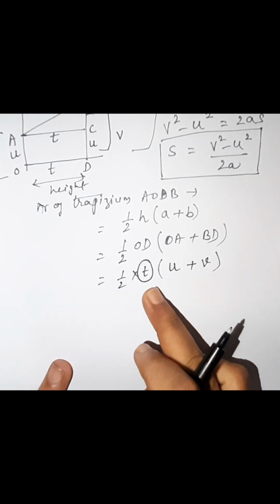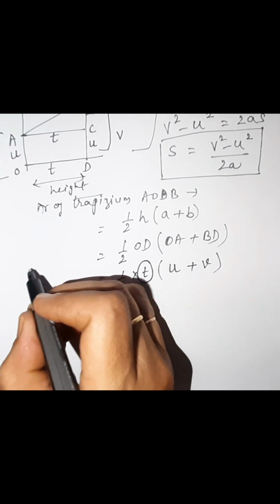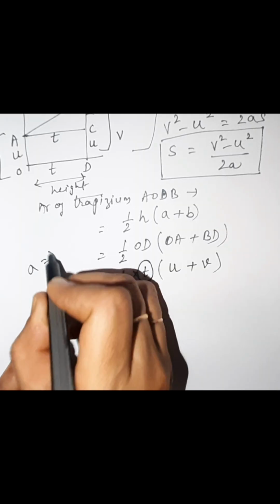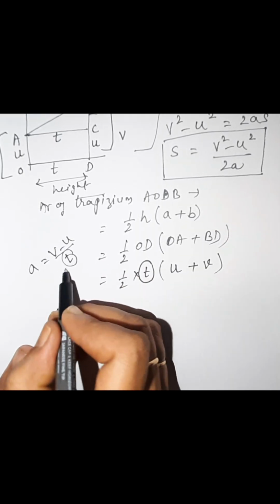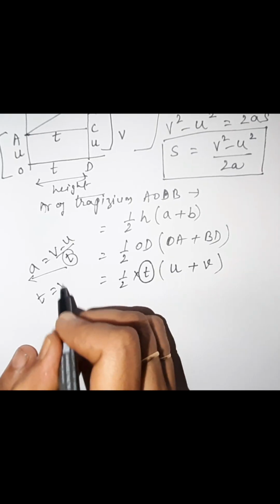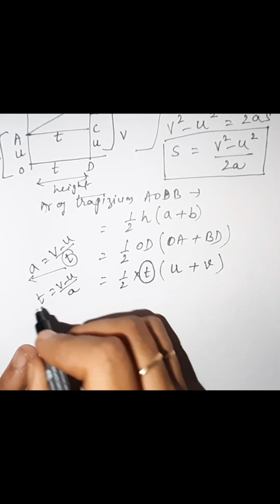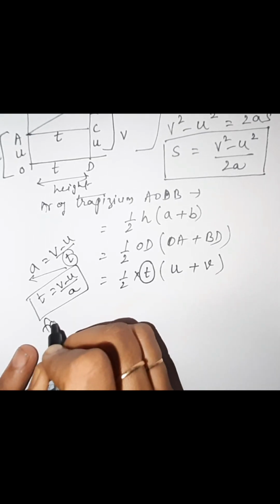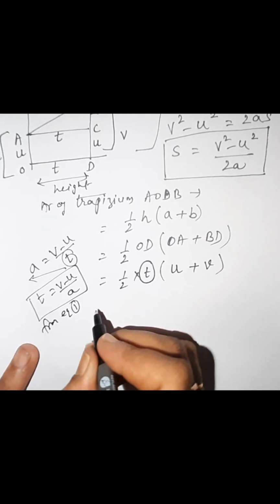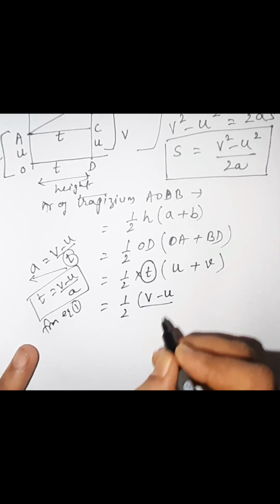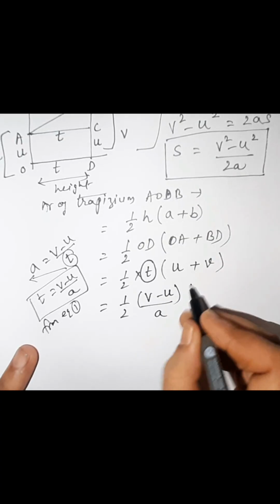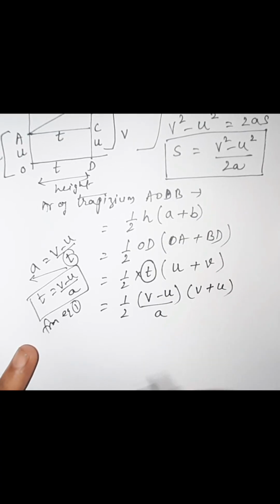Now this t we can replace from the first equation again, as we had a is (v minus u) upon t. So t will be (v minus u) upon a. This is from equation 1. Replace t with (v minus u) upon a, into (v plus u).